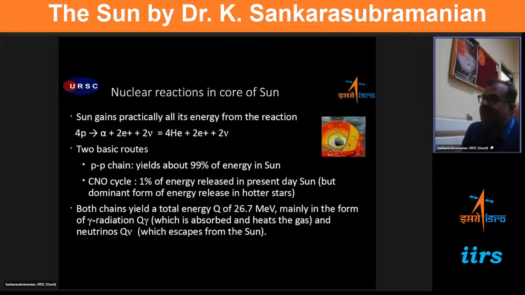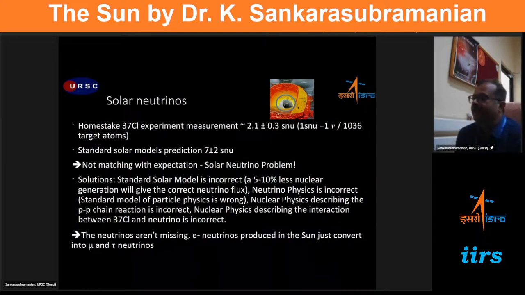Of course, when we initially started doing it, the neutrinos were detected using the Homestake neutrino detector, which uses chlorine-37 as the chemical composition to have these neutrino interactions detected.